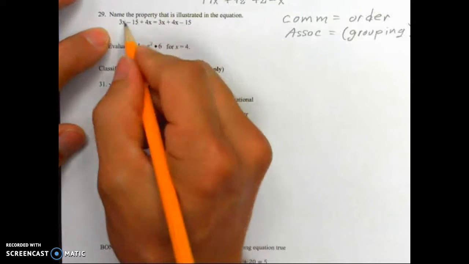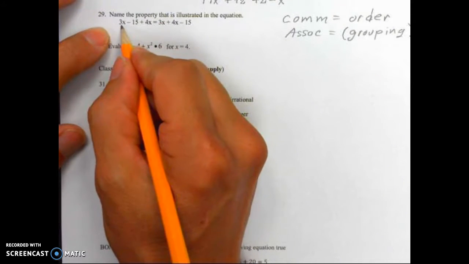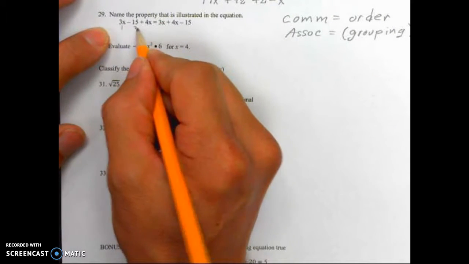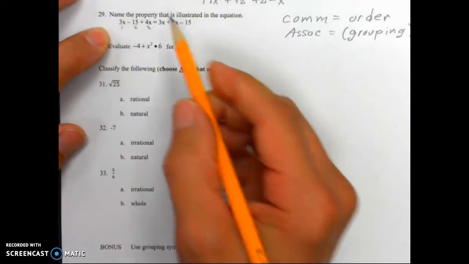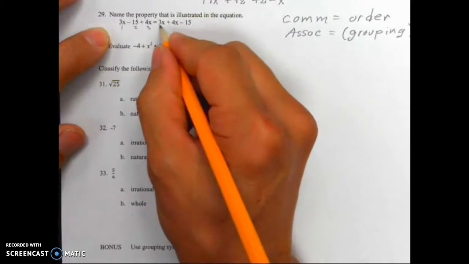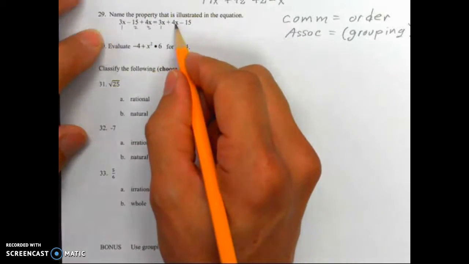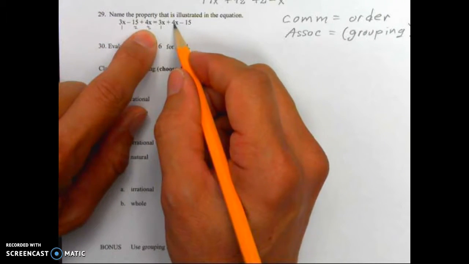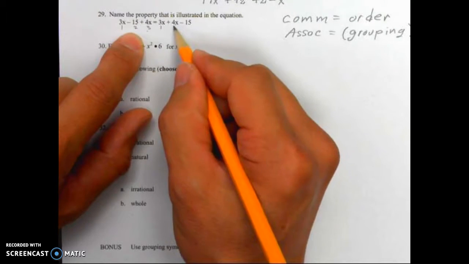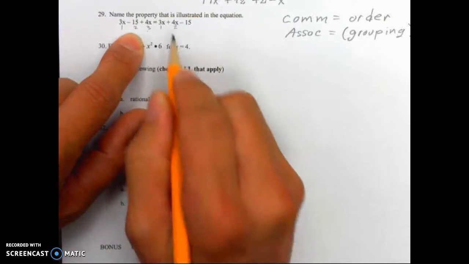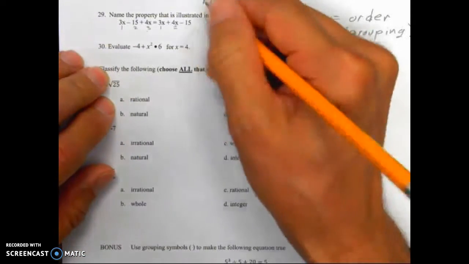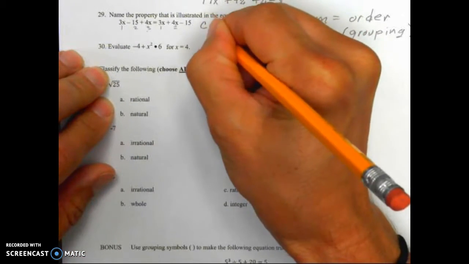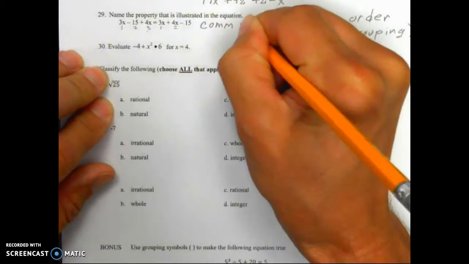All right, so 13x is first, 15 is second, 4x is third. Now, the 3x, that's still first, but look at that. They moved the 4x from third to second. So they changed the order.